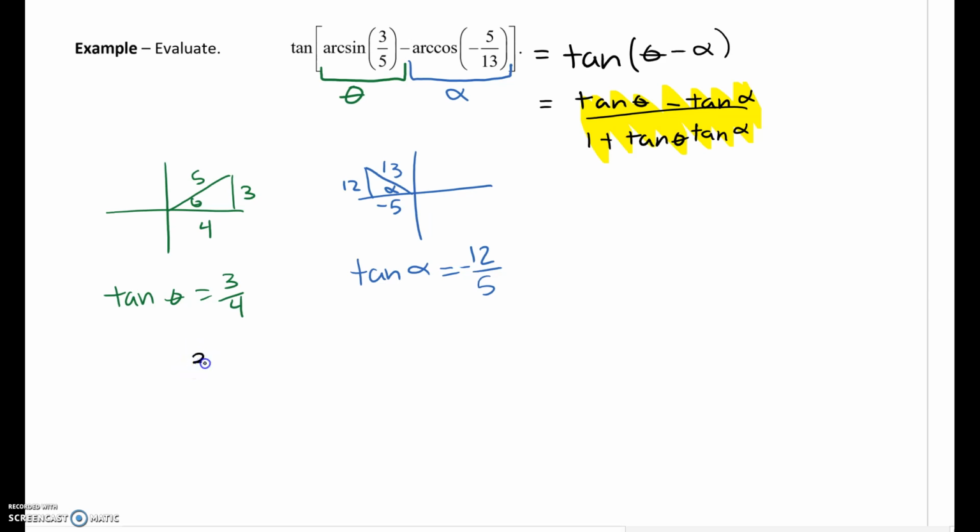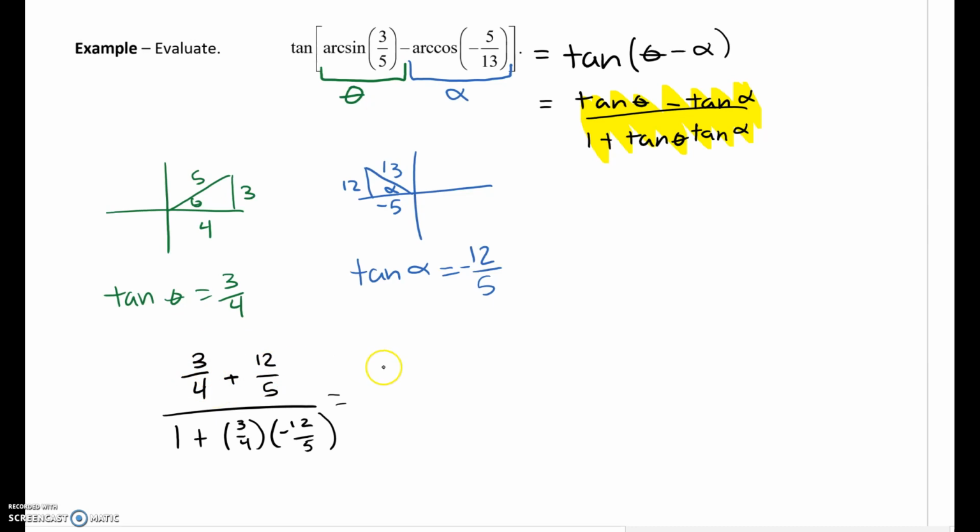So you have 3/4 minus negative 12/5, so that turns into a plus 12/5, over 1 plus 3/4 times negative 12/5. We need to get a common denominator to add these. So on the top, our denominator is going to be 20.